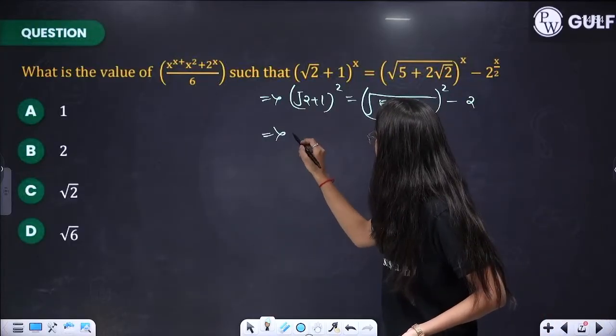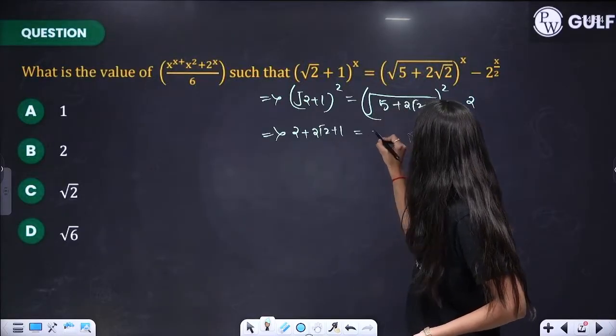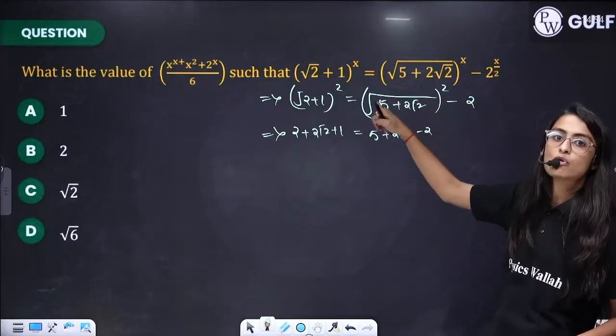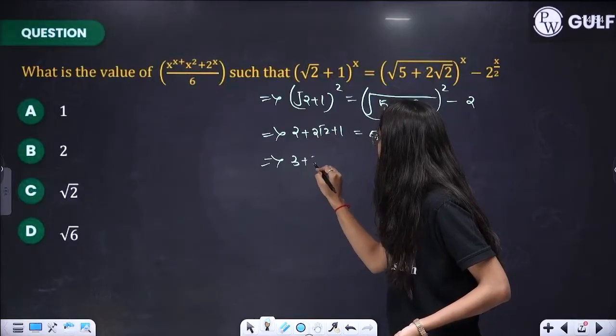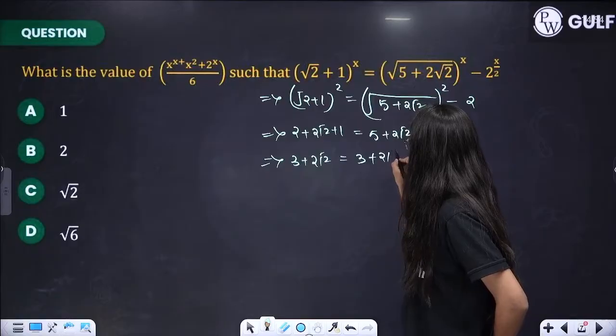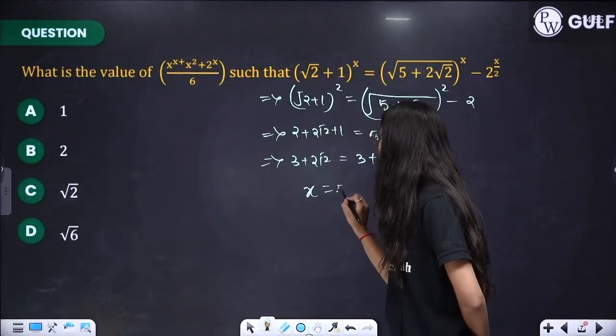Here the whole square is to be solved. 2 plus 2 root 2 plus 1 gives me 3 plus 2 root 2. The RHS is 5 plus 2 root 2 minus 2, which is again 3 plus 2 root 2. LHS and RHS are equal.